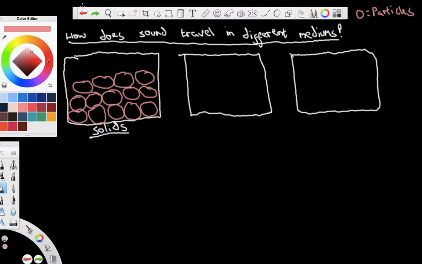So, in a solid, sound travels at its fastest, okay? So we can say that sound travels fastest in a solid. Okay, so sound travels fastest in a solid.